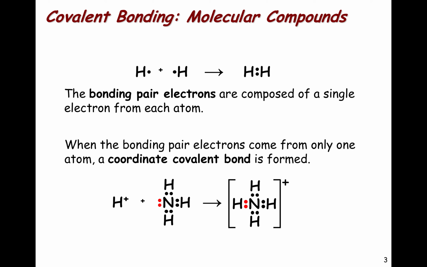Notice that there is a non-bonding or lone pair of electrons on the nitrogen, and if we were to combine this with a hydrogen ion, which has no electrons in its outer shell, and then end up sharing the pair of electrons that originally started on the nitrogen, we can then form the so-called ammonium ion, where now we have 4 bonds between nitrogen and the 4 different hydrogen atoms.